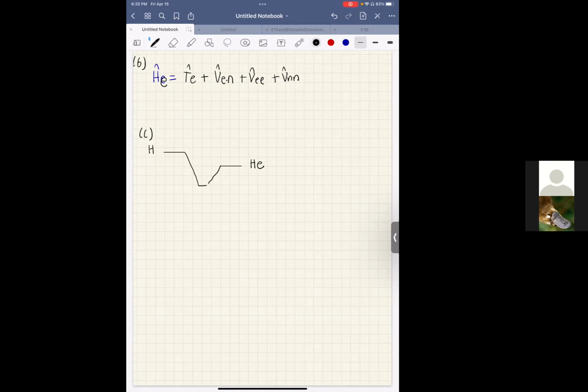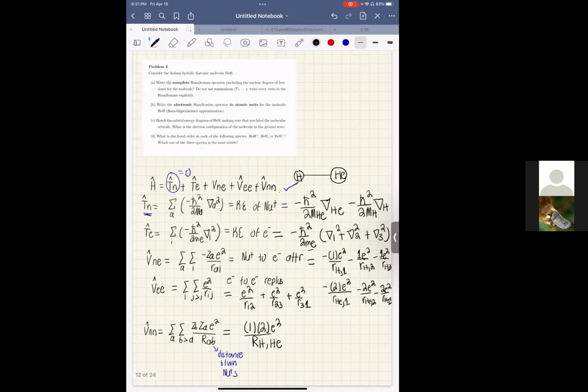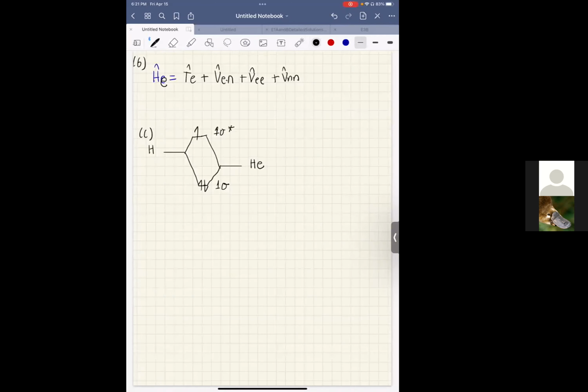And these will interact to make 2 molecular orbitals, 1 bonding and 1 anti-bonding. This will be 1 sigma, and this will be 1 sigma star. Since helium and hydrogen have 3 electrons between each other, you're going to put 1, 2, and then 3. And that'll be your answer for this. It's asking you for the electron configuration.